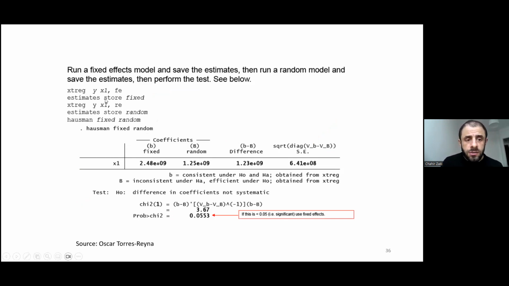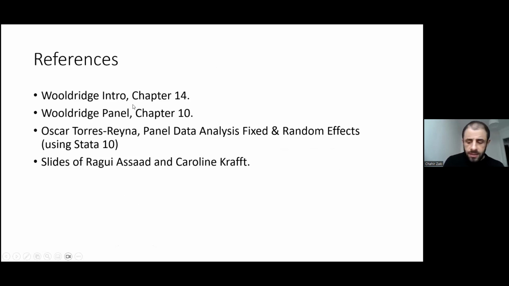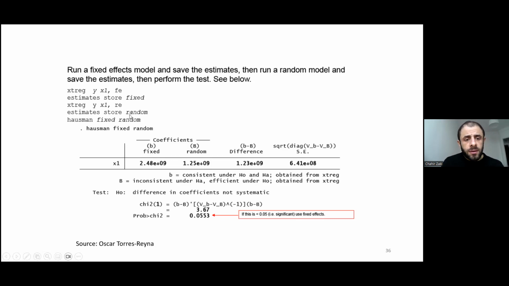So we run first the fixed effect, and here the order is important. We run the fixed effect model, we store the results, then we run the random effects model and store the results, and then we write hausman fixed random. So fixed shows the results coming from the fixed effects model, and random shows the estimates coming from the random effects model.